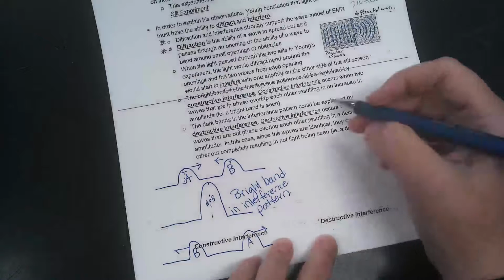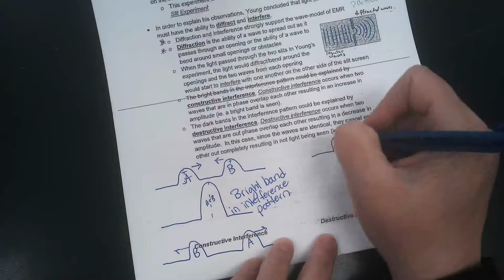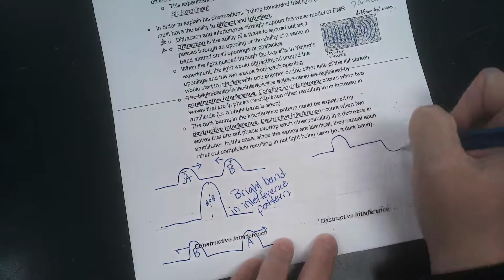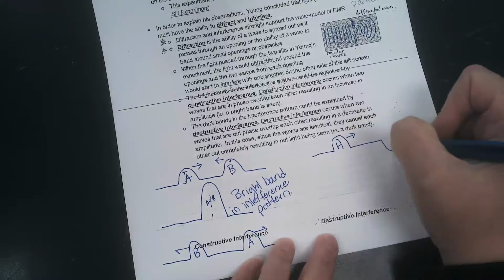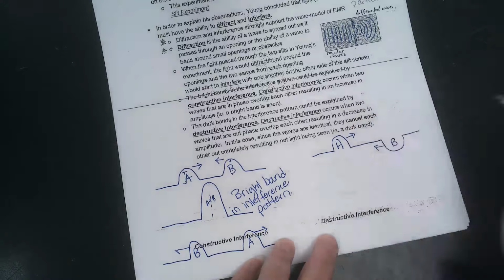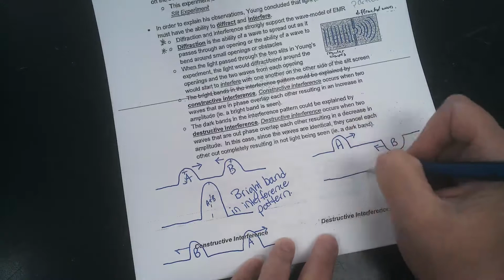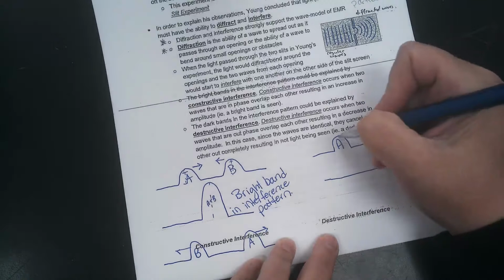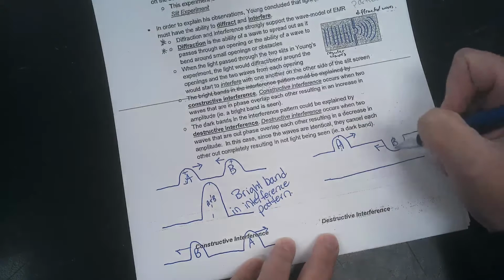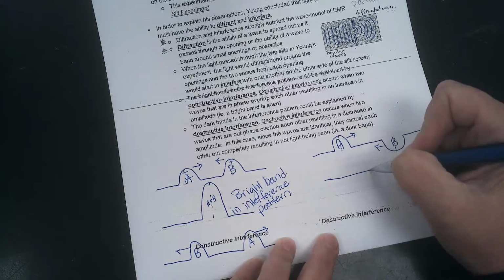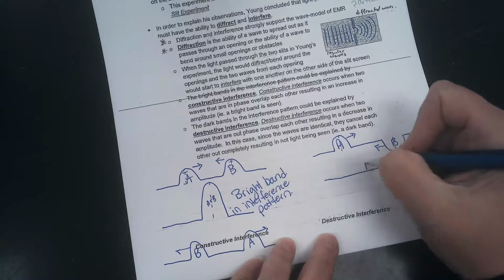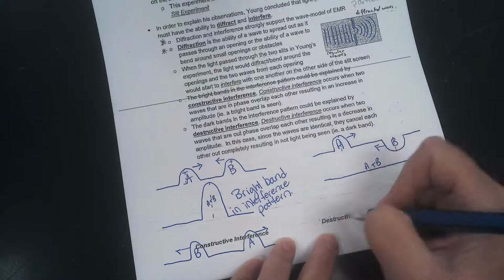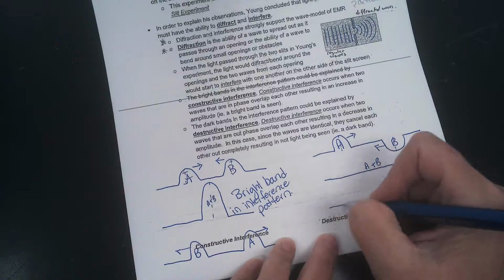Destructive interference, so again A is traveling, and B is traveling, and then they meet in the middle. When these heights are identical, we end up with a net zero height of A and B, and then they move on their way.